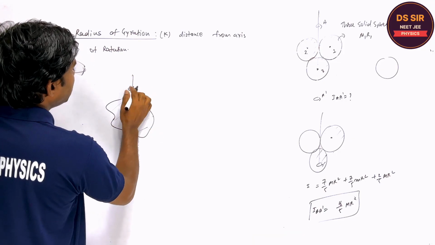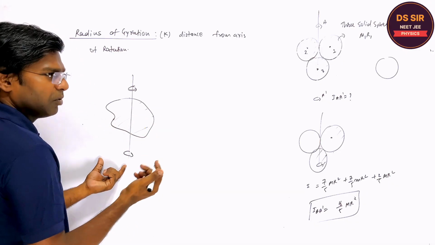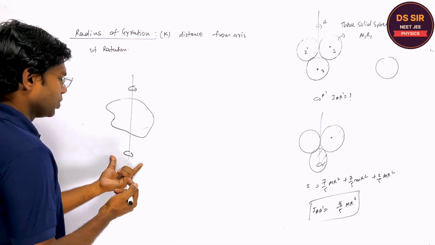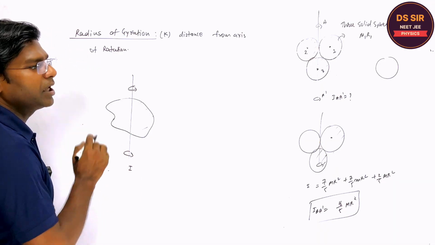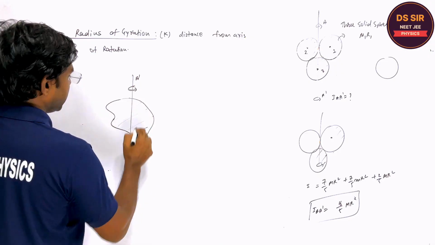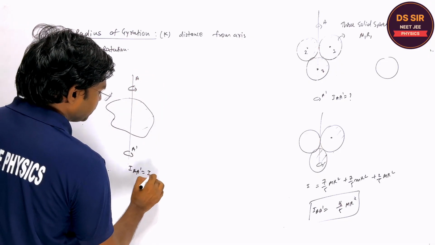It is a solid body or some other system of discrete point masses you can consider. Now the moment of inertia about this axis is what? Suppose this axis is A dash, and about A dash it is I. Are you getting it or not?